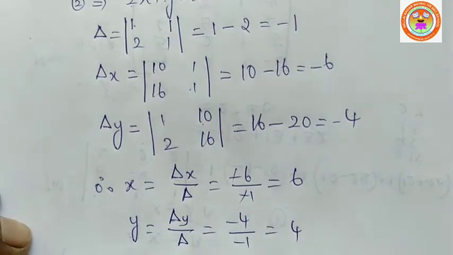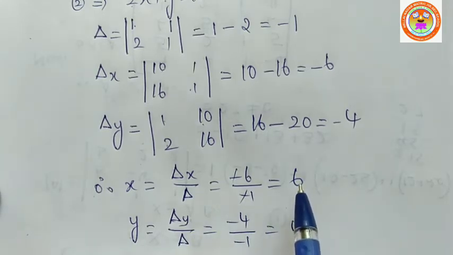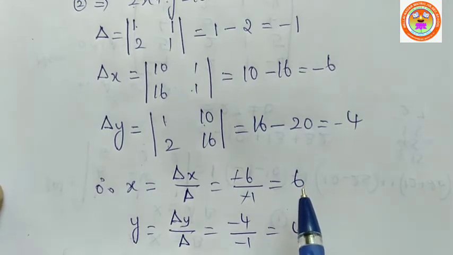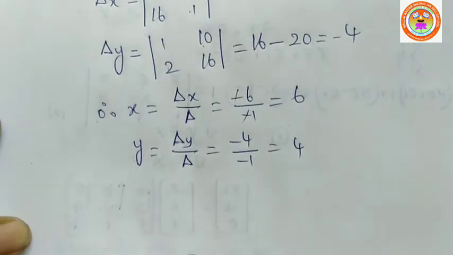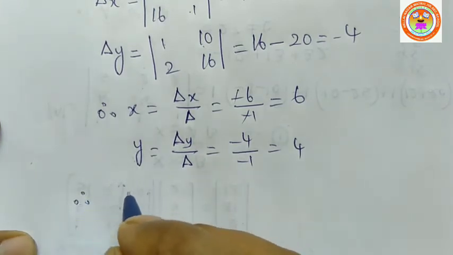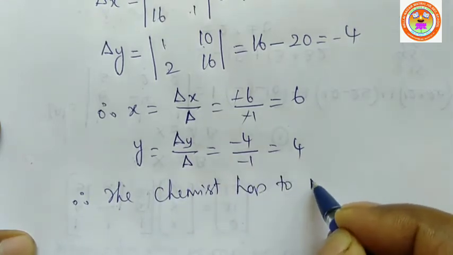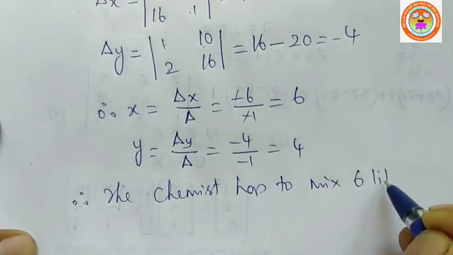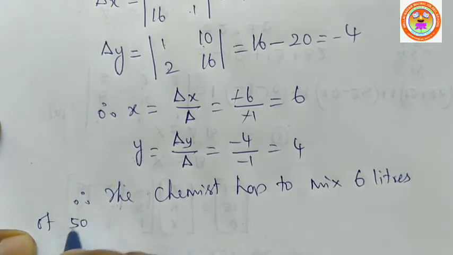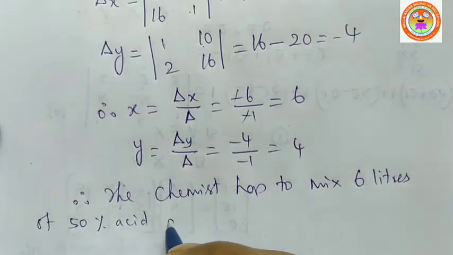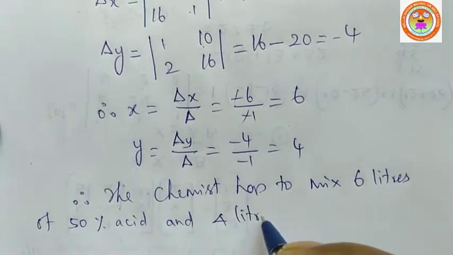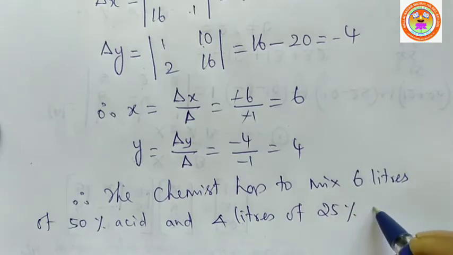That means the chemist, who is planning to prepare 10 liters of acid solution, has to mix 6 liters of 50% acid and 4 liters of 25% acid.